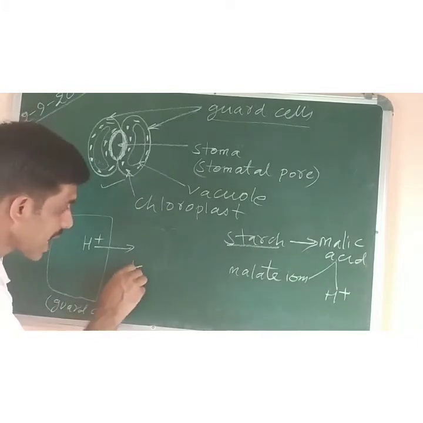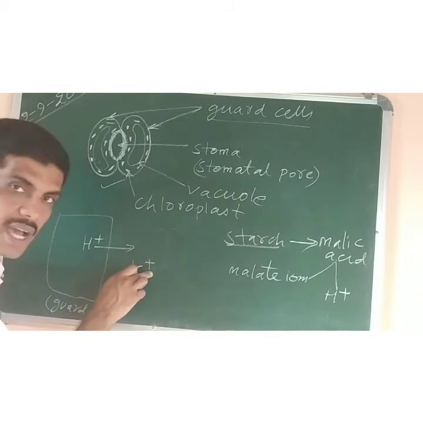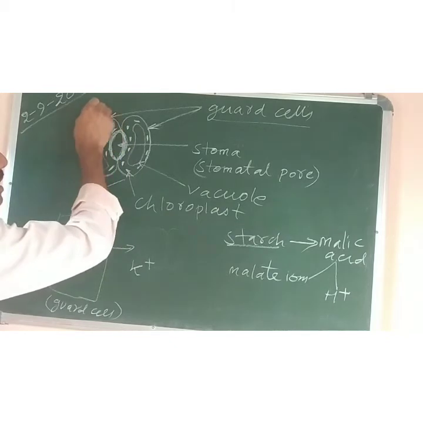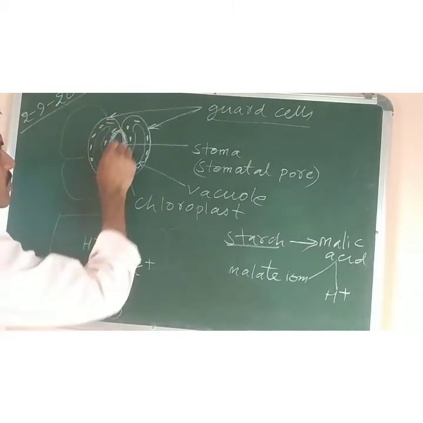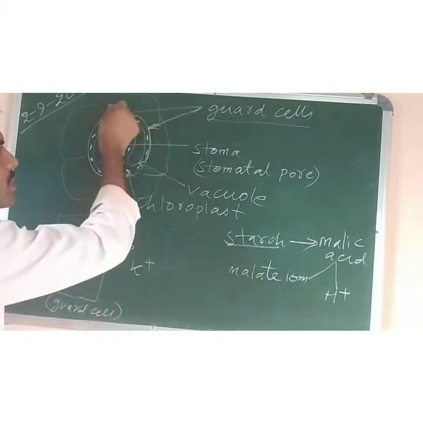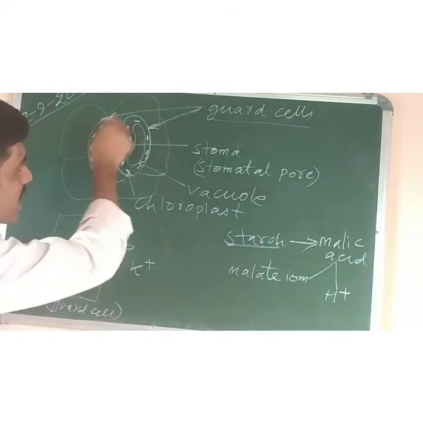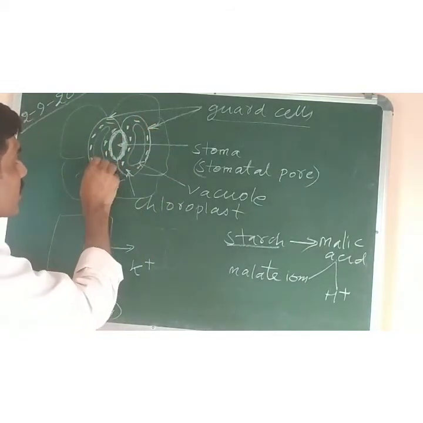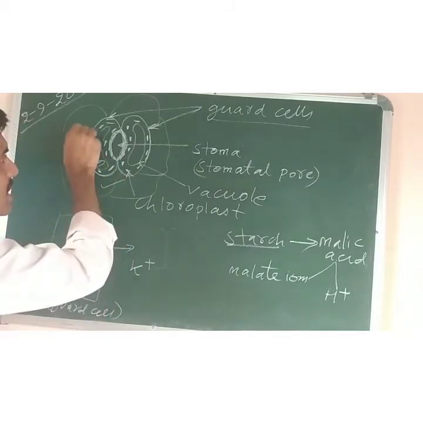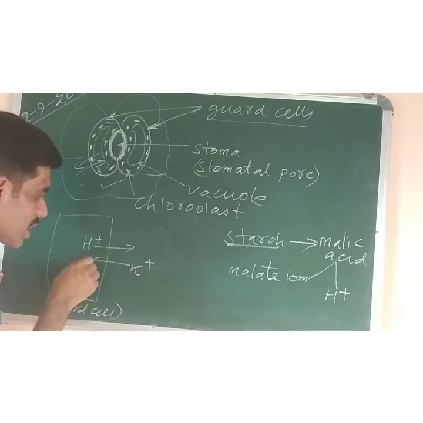Now K plus ions, positively charged ions, are present around the guard cells, in the subsidiary cells. Subsidiary cells are located like this, near the guard cells, as you can see in the diagram. From here diffusion will occur, so K plus ions from these nearby cells diffuse into the guard cells.